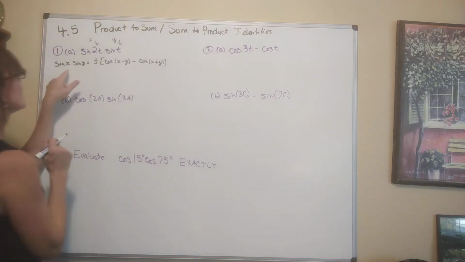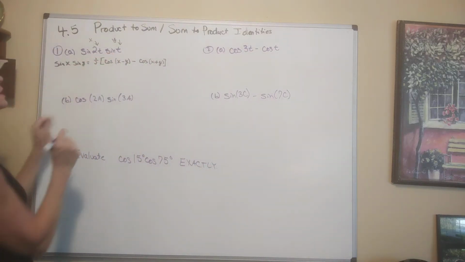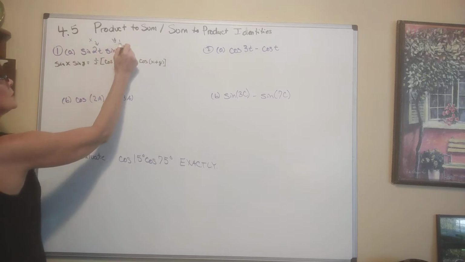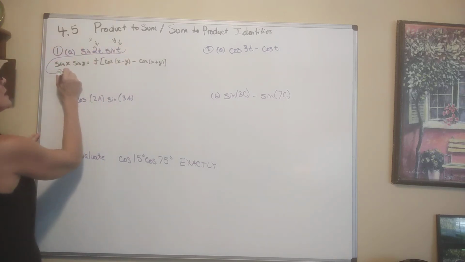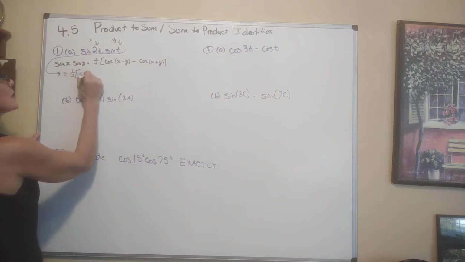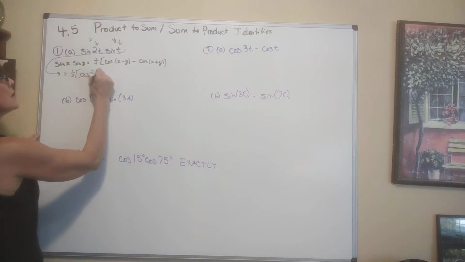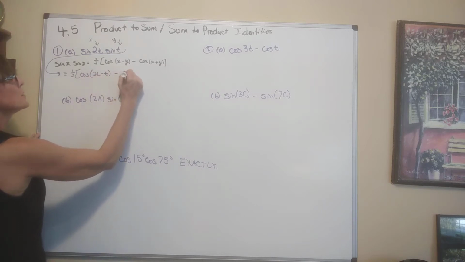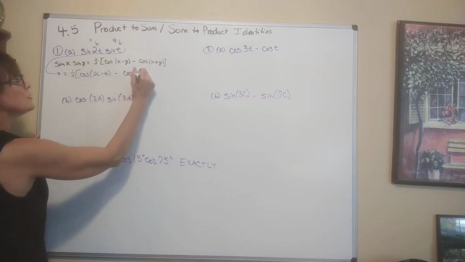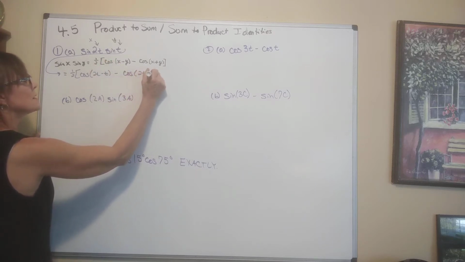If I let x be 2t and y be t, then this in the purple right here is going to equal 1/2 times the cosine of x minus y, or 2t minus t, minus the cosine of x plus y, 2t plus t.